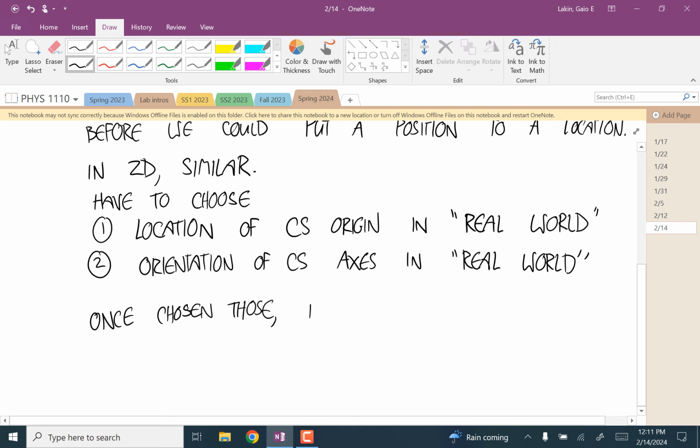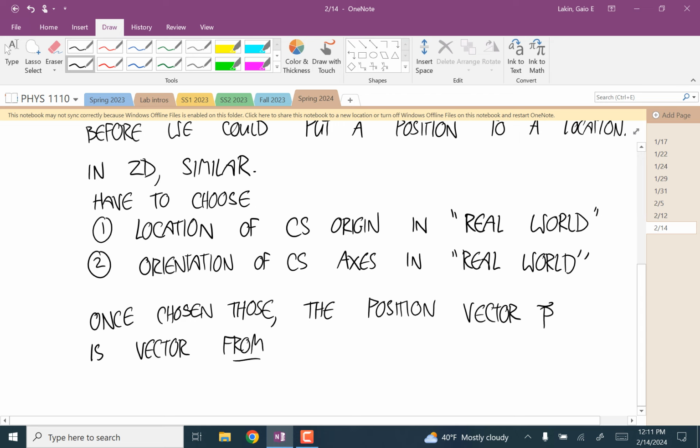Once you've chosen those, the position vector P is the vector from the coordinate system origin to the object.